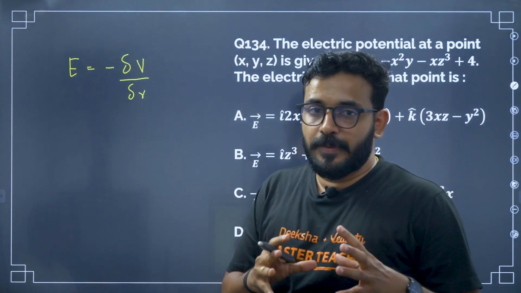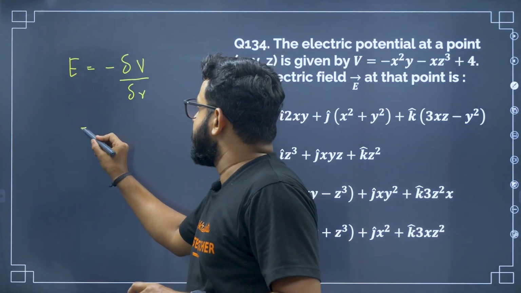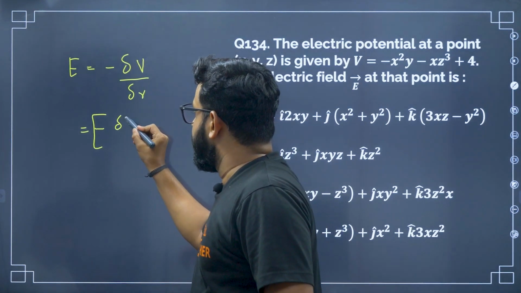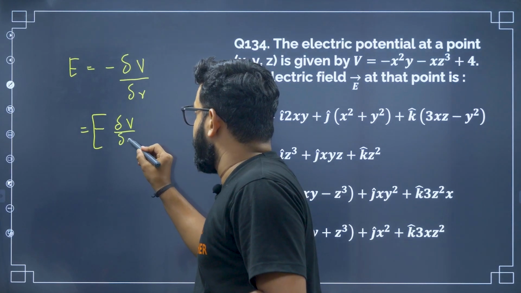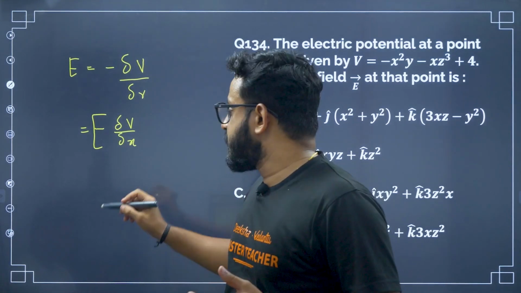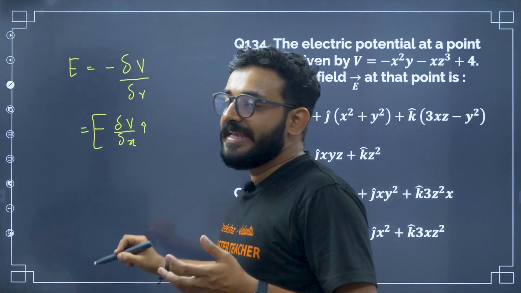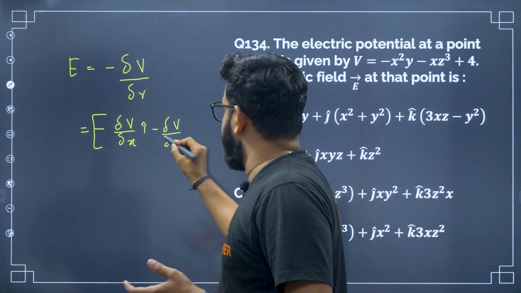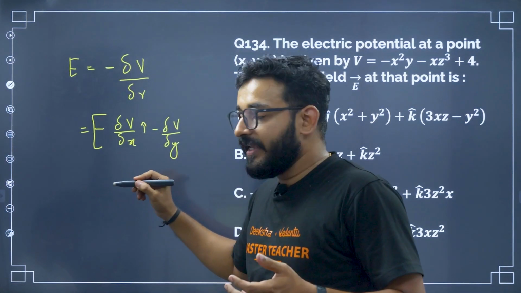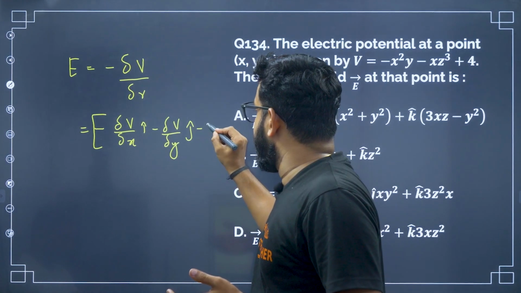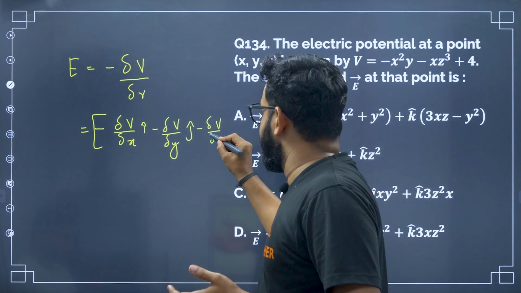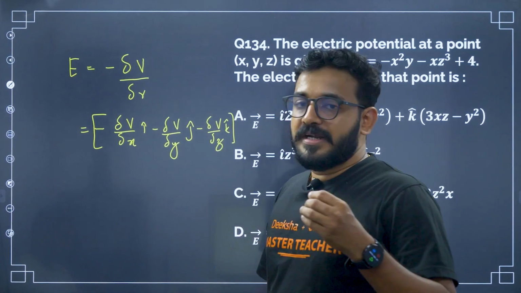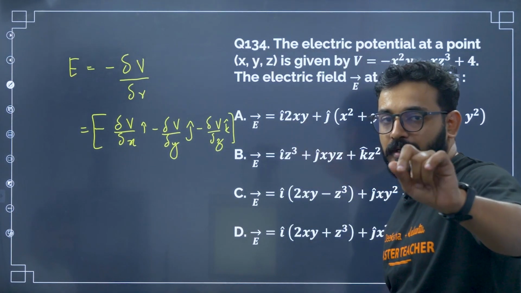It's actually a mathematical function, which implies minus del V by del X, partial differentiation over X, for i cap, minus del V by del Y, partial differentiation over Y, for j cap, minus del V by del Z for k cap. So you have to partially differentiate with respect to each particular variable.